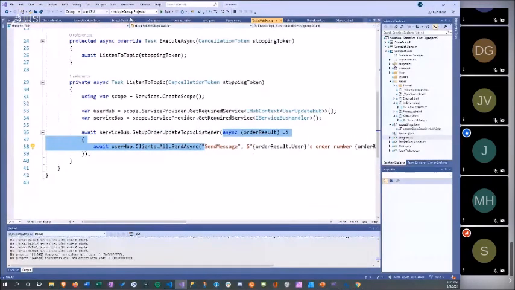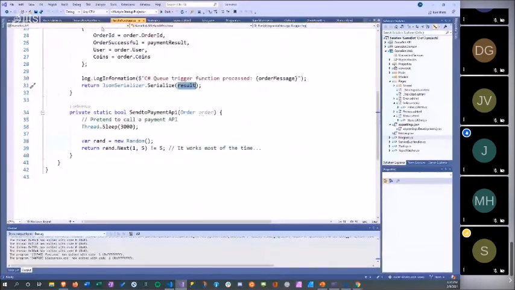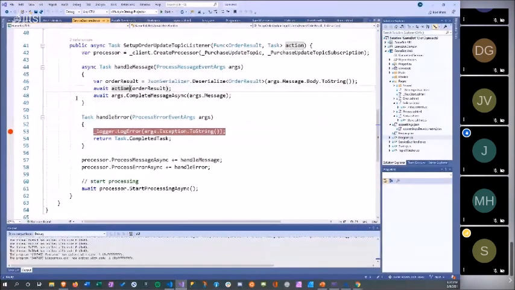In this case, we are calling that, let's see, gotta go to the right file, calling that in this handle message function. It also requires a handle error event handler, which we can just set up here. So it just logs the error and then sends back a completed task. We add that to the processor.